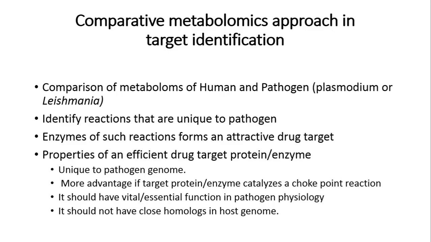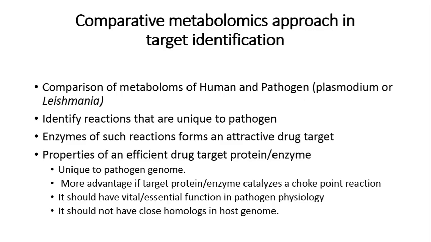In our case, we would consider the pathogen Plasmodium or Leishmania, and we would compare its entire metabolome with that of human. The objective is to compare the two networks of metabolic pathways. The main concept behind this approach is that these two organisms have evolved differentially.